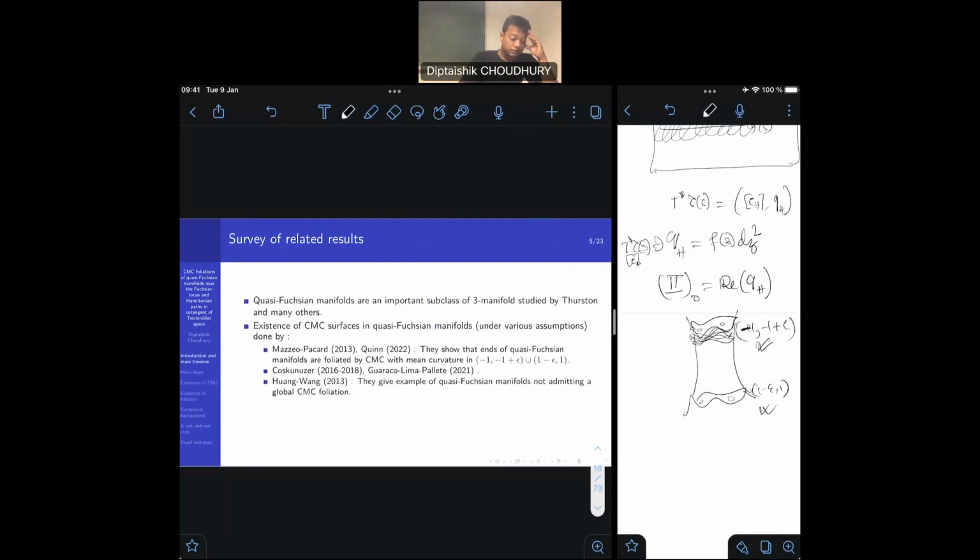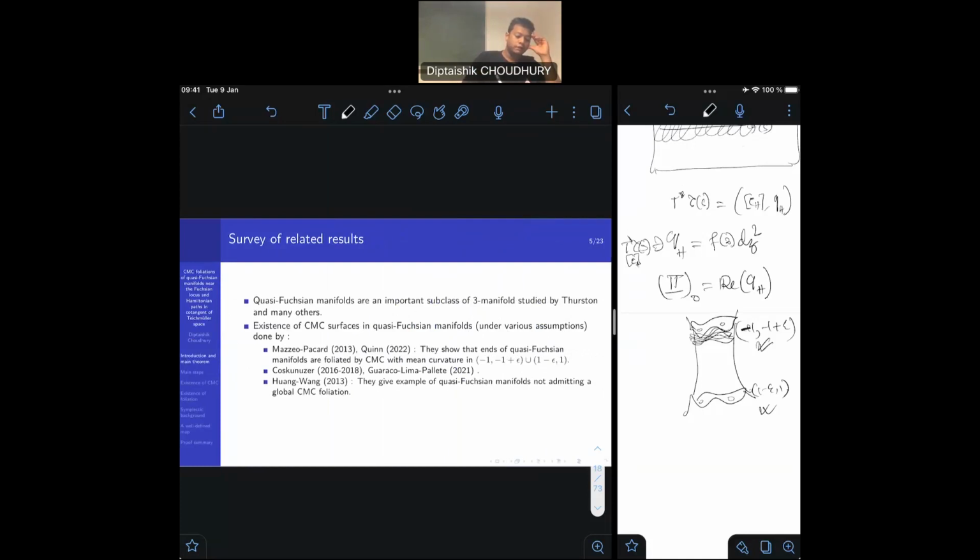What more you have is that in general a quasi-Fuchsian manifold does not admit a global CMC foliation. This example of a quasi-Fuchsian manifold not admitting a global CMC foliation is closely related to the examples of quasi-Fuchsian manifolds not admitting a unique minimal surface.